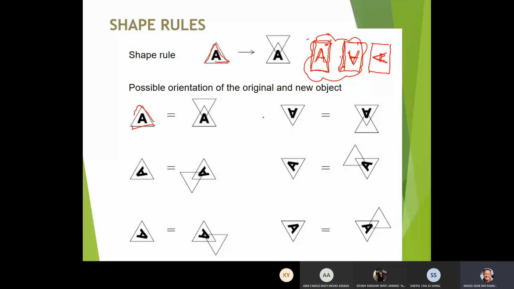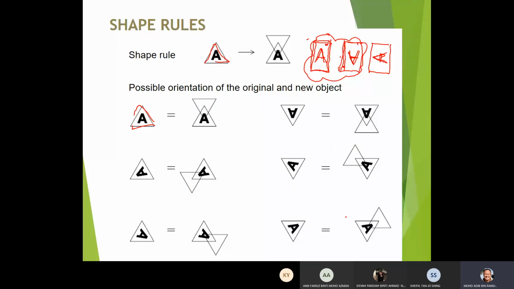But because it's upside down, you imagine that the A is now like this, also upside down. And you can also imagine that the A is pointing towards this side and that side. So when you apply the rule again to the upside down triangle, that's where you're going to put the new triangles.